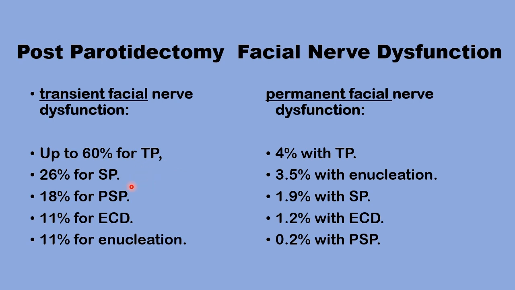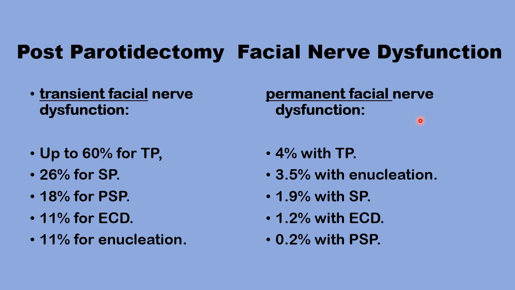It would be a bit less for superficial parotidectomy and much less for partial superficial parotidectomy, in which only dissection of a part of the superficial lobe is done, usually the lower part of the gland. But it is about only 11% in extracapsular dissection, and the same for enucleation. But these are transient facial nerve dysfunctions that would resolve spontaneously within weeks.